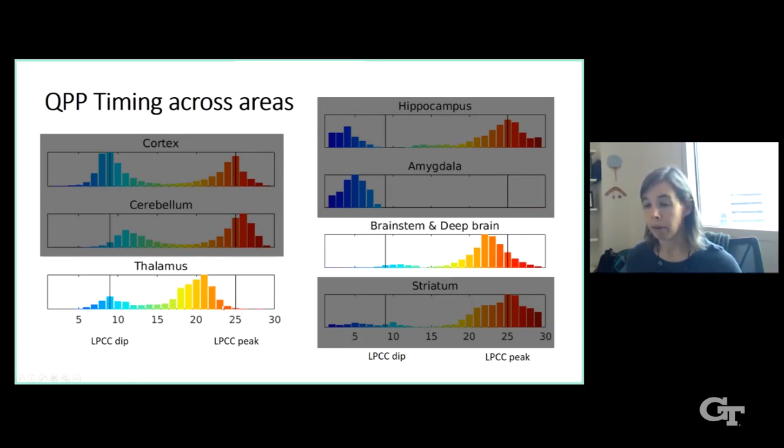And what I want you to realize is that if we look at where the peak is, there are areas in the thalamus and the brainstem and deep brain that peak before that cortical area. And so it seems like maybe those are good candidates for driving this activity. And that fits with our idea of deep brain nuclei like the locus coeruleus being involved in this.